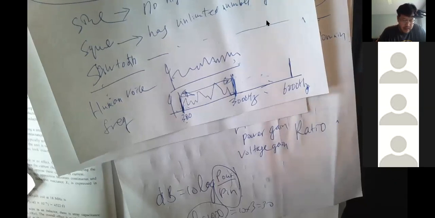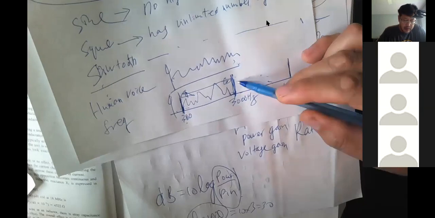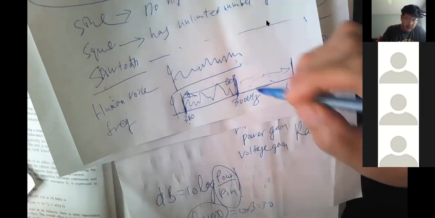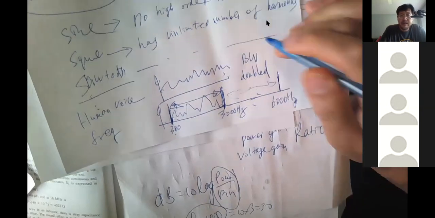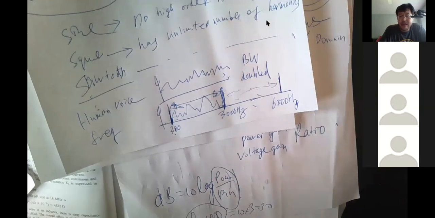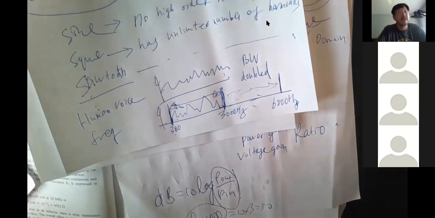But you will pay more money because the information will be doubled. The bandwidth will be doubled. When you double the bandwidth you want to communicate, you need a bigger pipe. When you are using a bigger pipe, you have to pay for the bigger pipe, right? Nobody gave you for free.